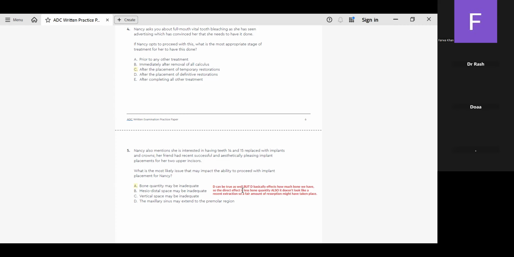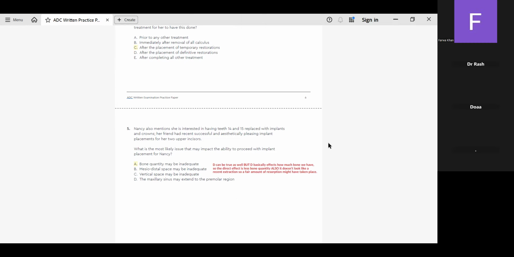So the direct effect is less bone quantity. Also, it doesn't look like a recent extraction, so a fair amount of resorption might have taken place. Okay, so that is the reason why option A is selected here. The bone quantity may be inadequate for the placement of implants in the region of teeth 1-4 and 1-5. All right, and the complete case is there in the portal with explanation as well.